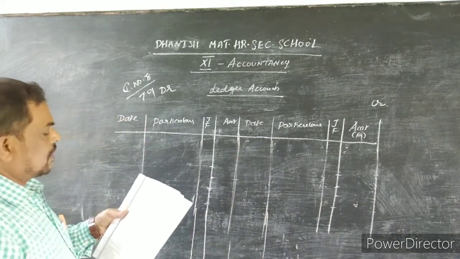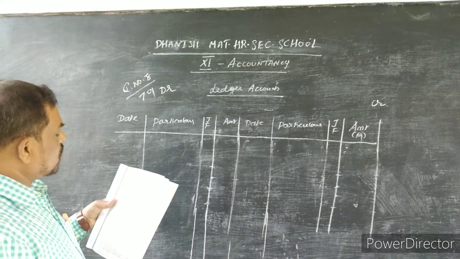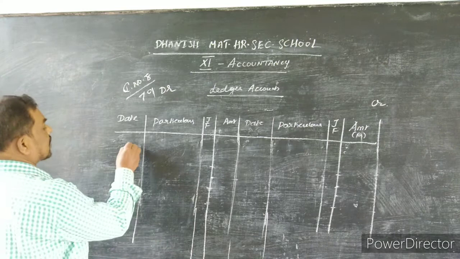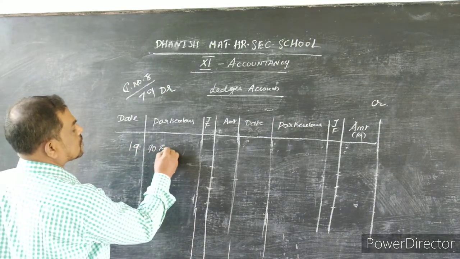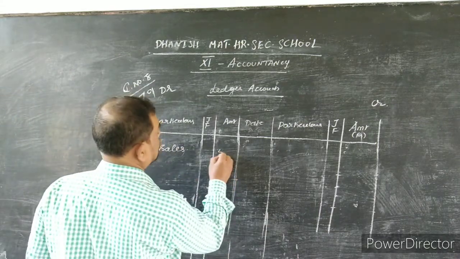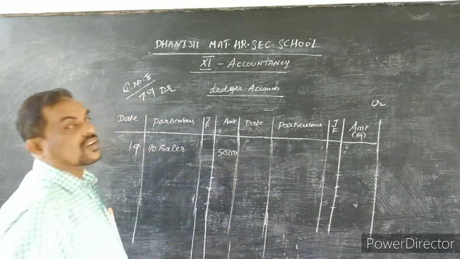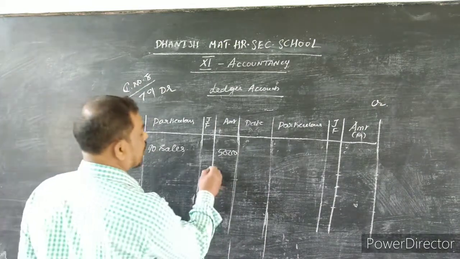What is the date? The date is 19. Vasu account debit to sales account. So to sales account, how much? Rupees 5,000. Is there any other Vasu account entry in the sum? No. So just close it off.